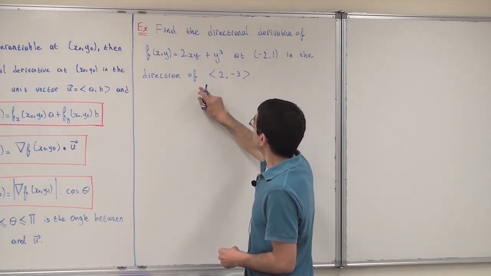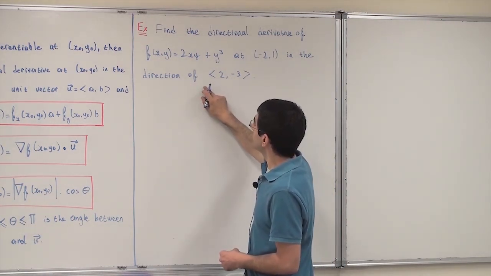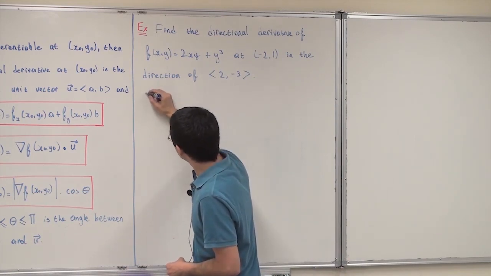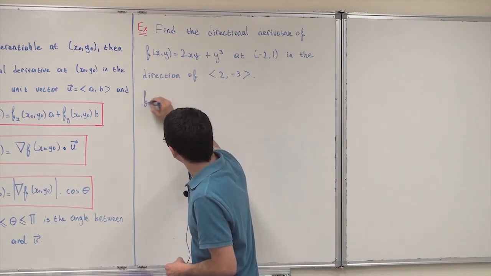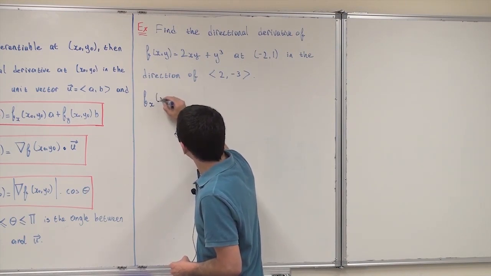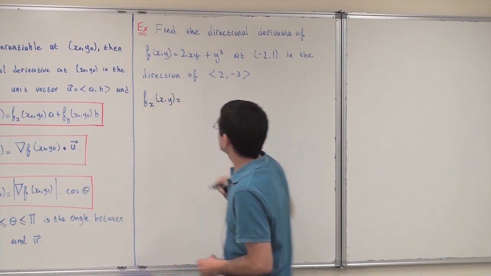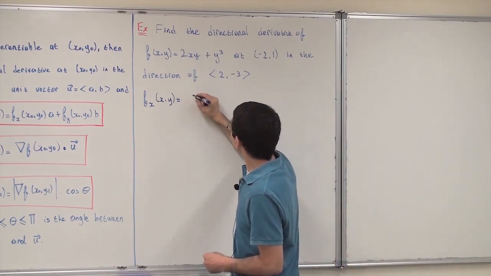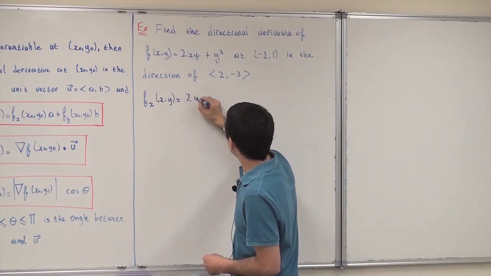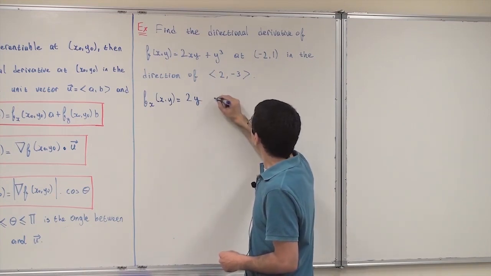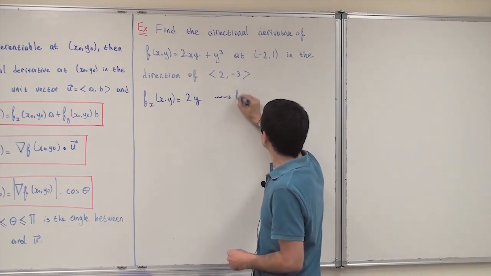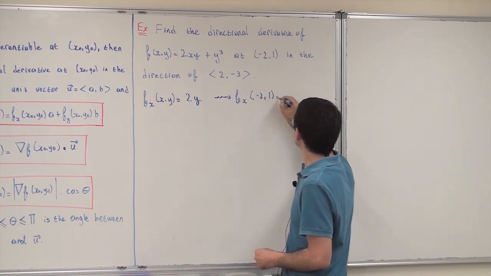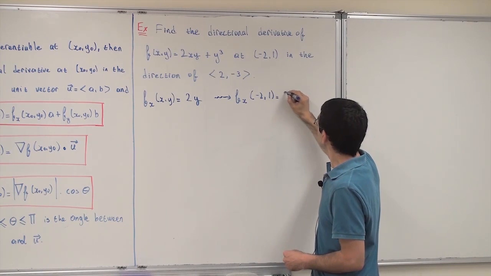So, I am first going to calculate the gradient vector of f. For that, we will need the partial derivatives. With respect to x, we have 2y. Then I evaluate this at the point negative 2, 1, and we get 2.